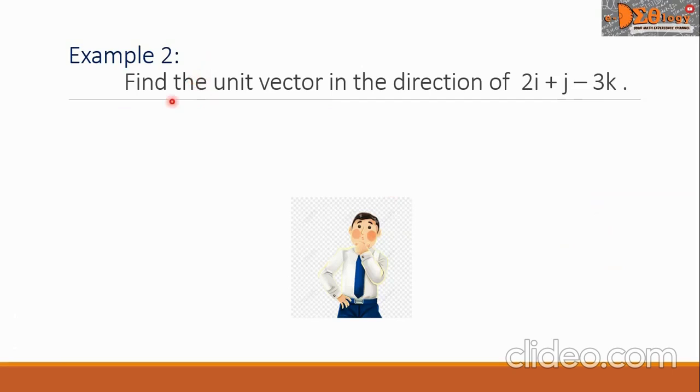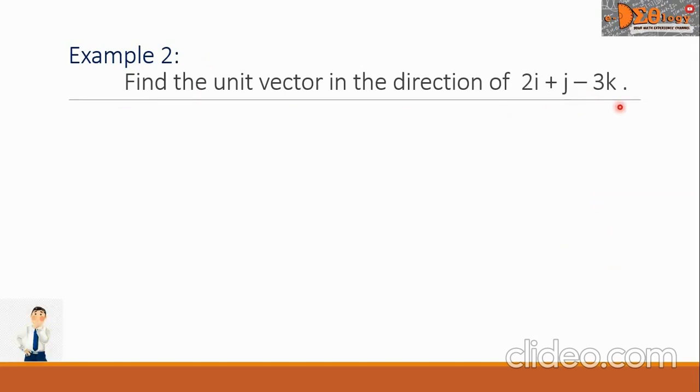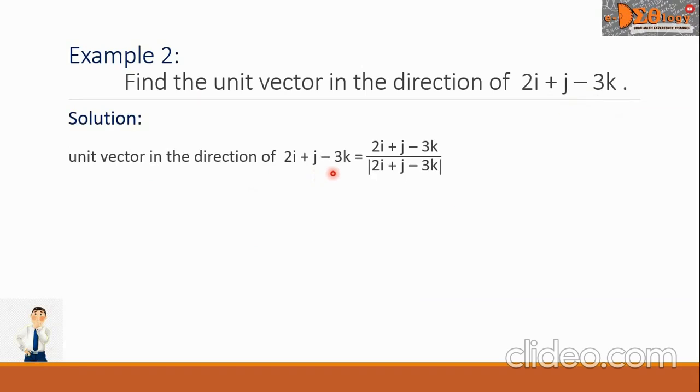Example 2. Find the unit vector in the direction of 2i plus j minus 3k. The unit vector in the direction of 2i plus j minus 3k equals, our formula now, 2i plus j minus 3k all over the length of 2i plus j minus 3k.